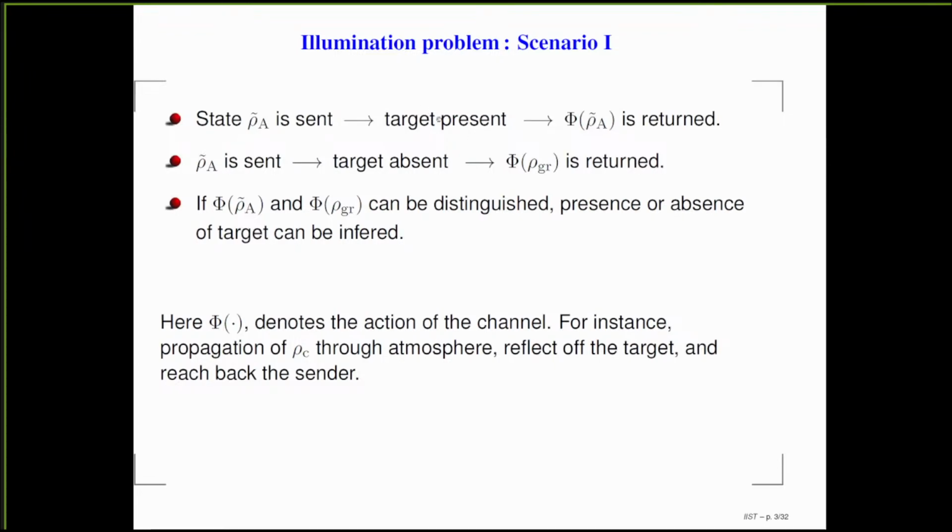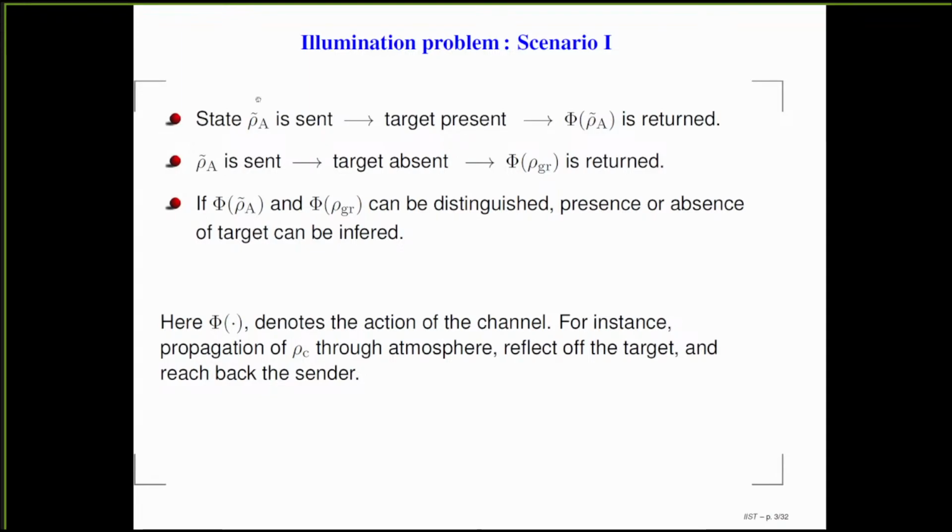Now that target can reflect that light, and what comes back to you through that reflection is say phi of rho tilde of A. By phi, what we mean here is the action of what we understand as a channel in quantum mechanics. In the real world, it means propagation of light through atmosphere, reflecting off the target, and reaching back the sender. All of this put together can be described quantum mechanically effectively through a channel phi acting on rho tilde of A.